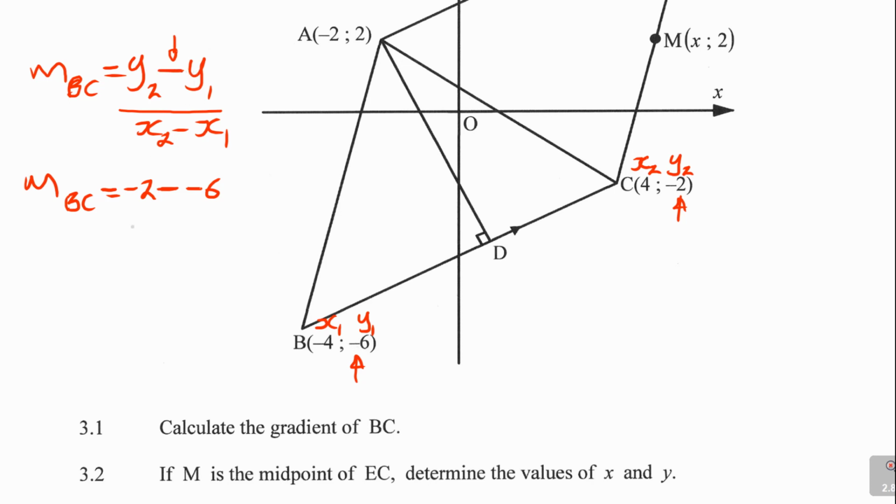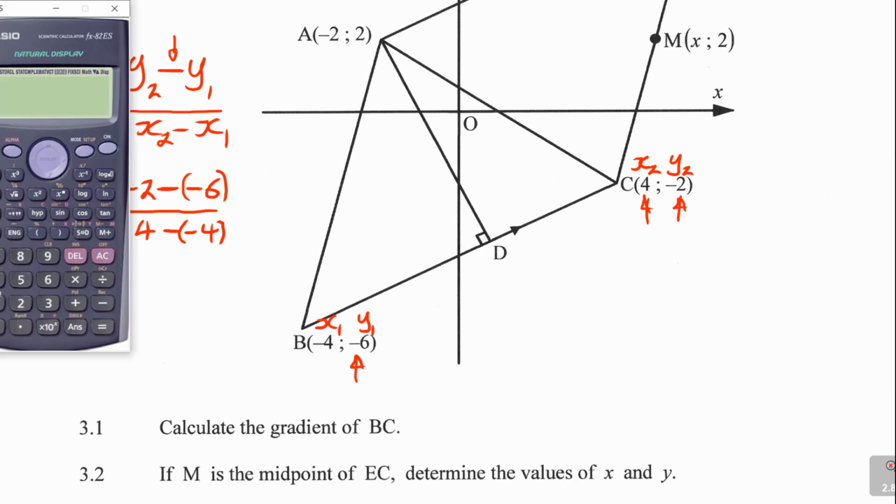And then over x2, which is 4, minus x1, which is -4. The proper procedure is to put a bracket and say -4 like that. But even if you didn't put these brackets, the calculator will still give you an answer. So avoid avoiding the calculator.